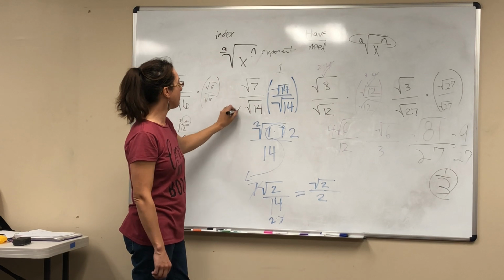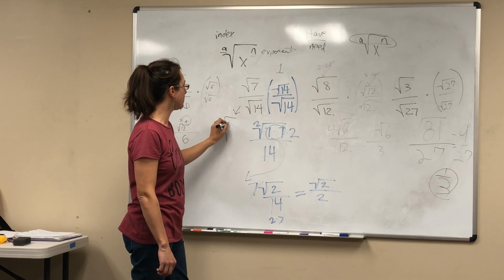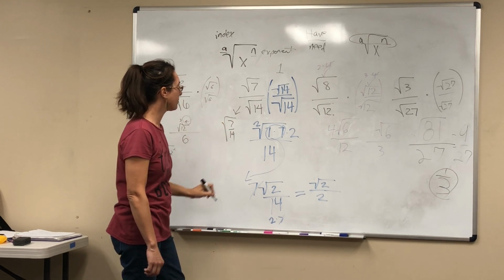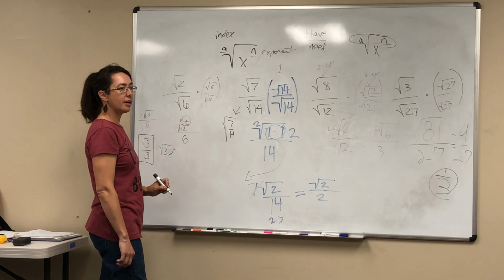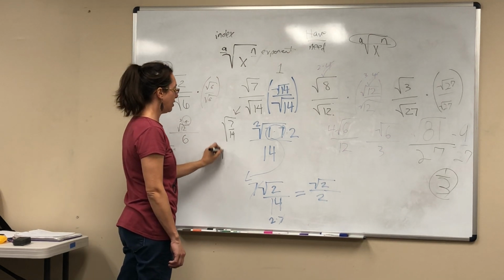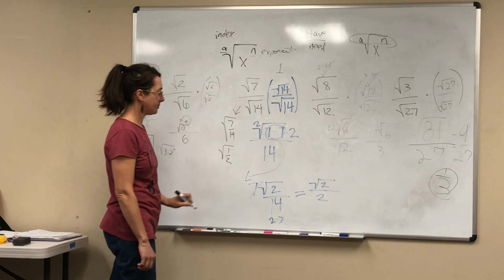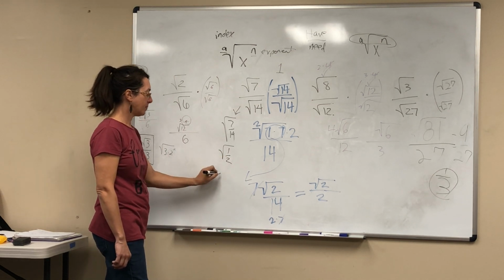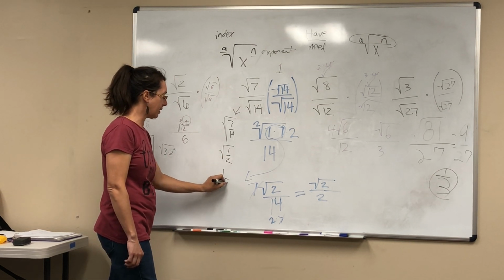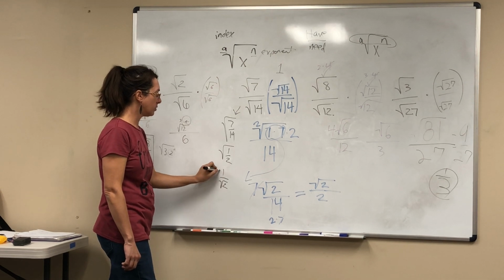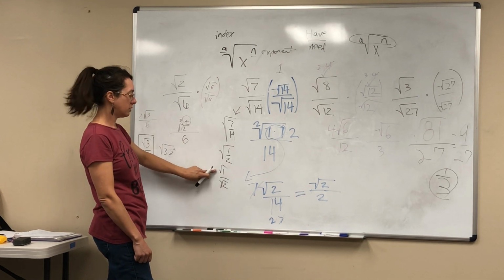What if, in the first place, we had taken this one and done square root of 7 over 14? You just do 1/2 initially. Yes, square root of 1/2. So this is really the same as 1 over the square root of 2, because the square root of 1 is 1.